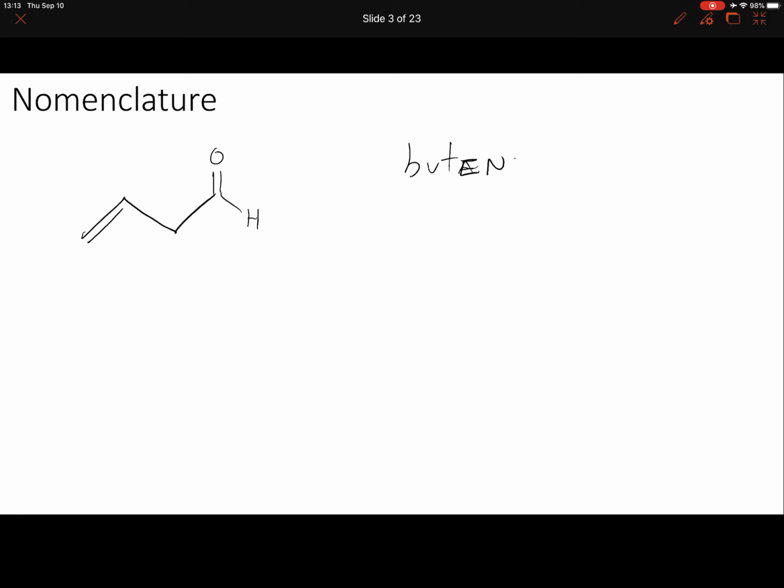So instead of this being butanal, it would be 3-butenal. So here it still gets the al ending because it's an aldehyde, but we would have changed butanal to butenal if there's a presence of a double bond. So enals are for double bond containing aldehydes, and anals or butanals would be for regular saturated alkanes. And of course 3 here would be the position of the double bond.